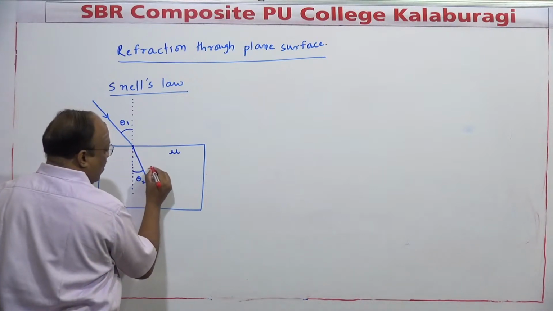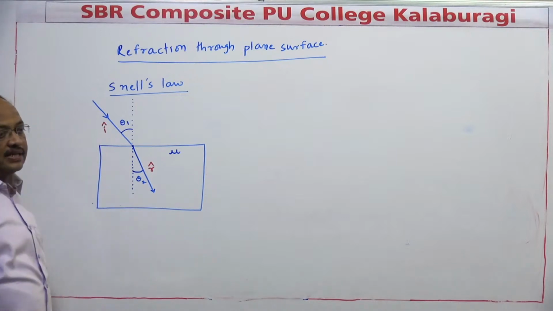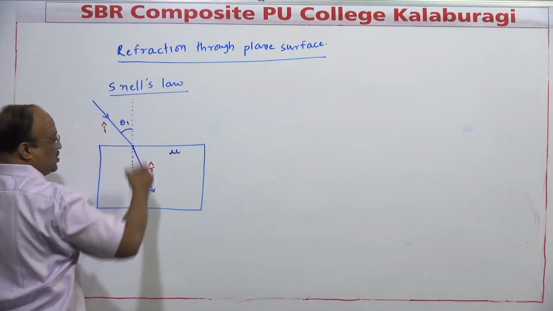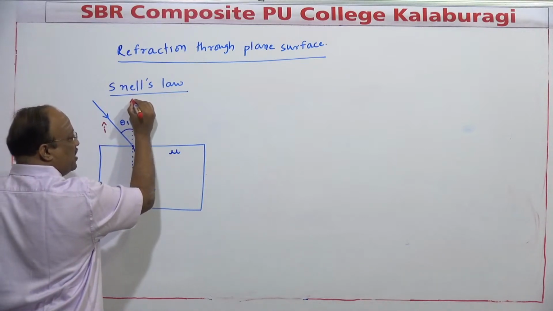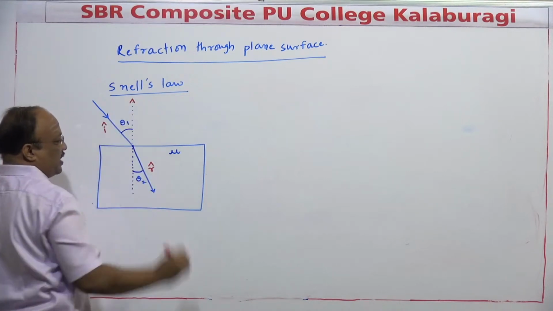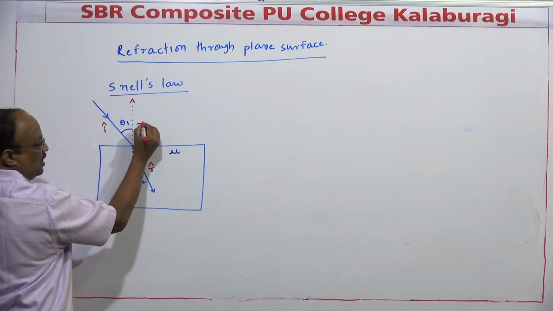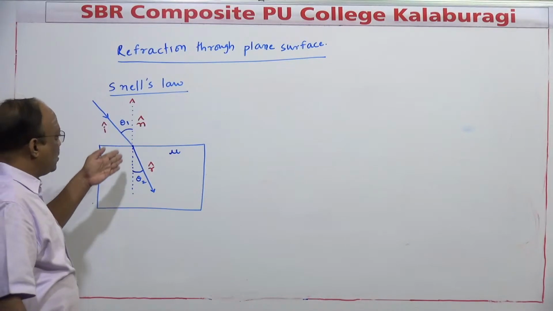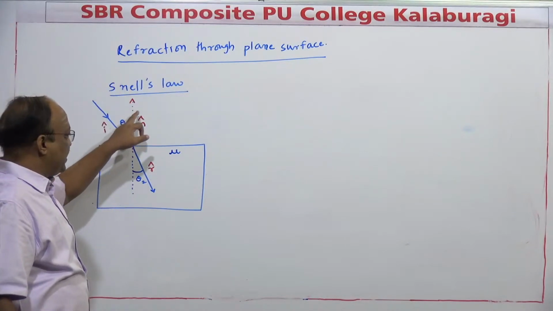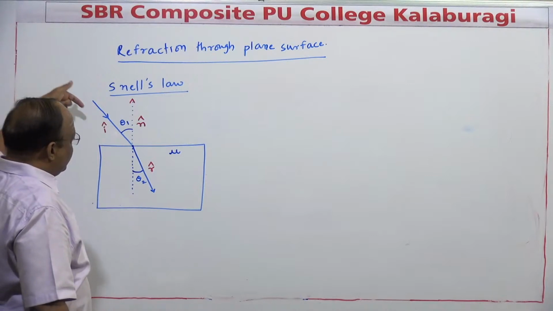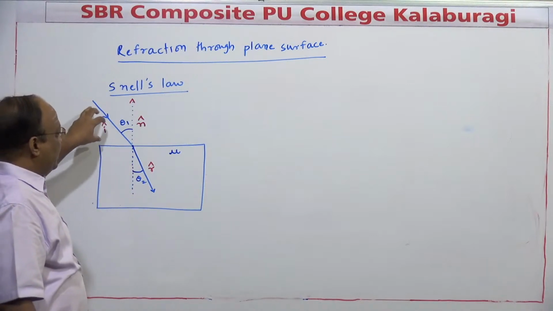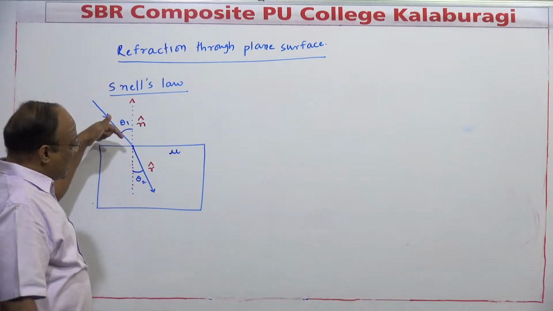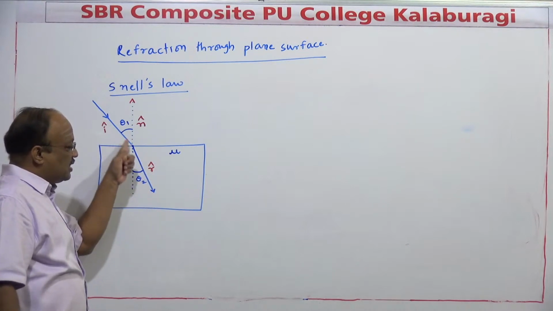The unit vector along the refracted ray I will say as R cap. The normal to the surface I am taking in the upward direction, so this is our n cap.